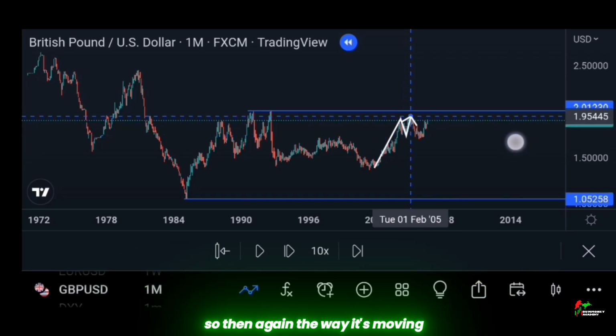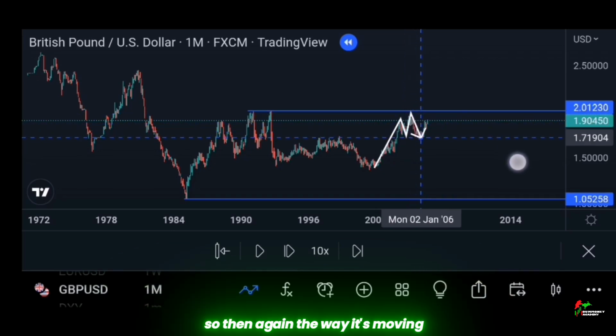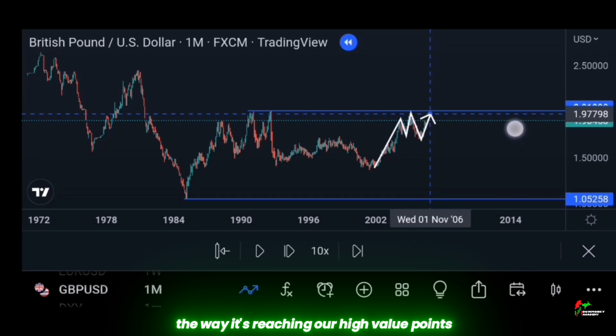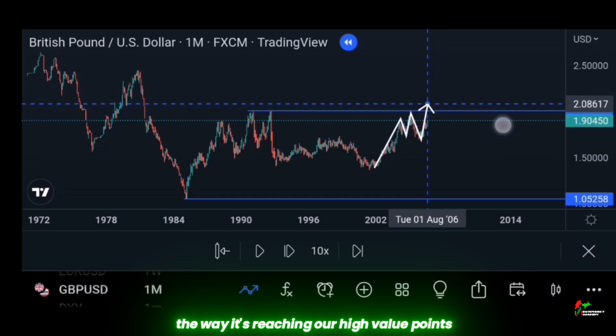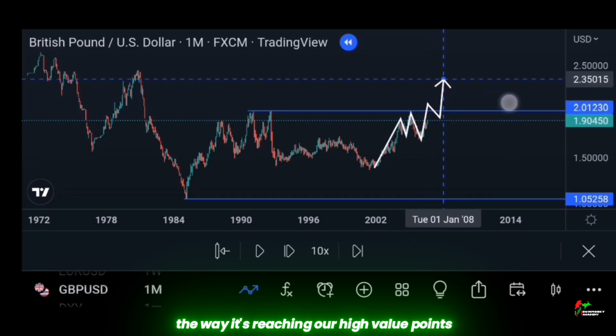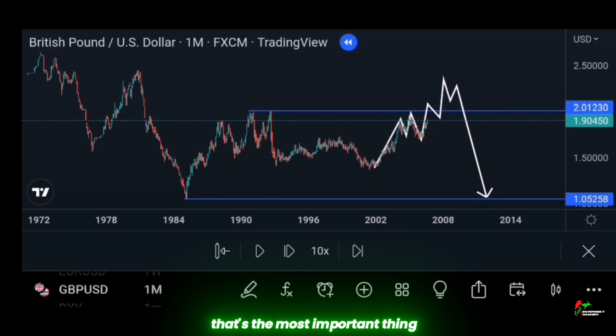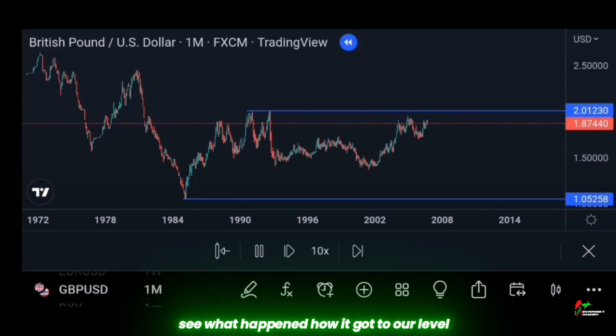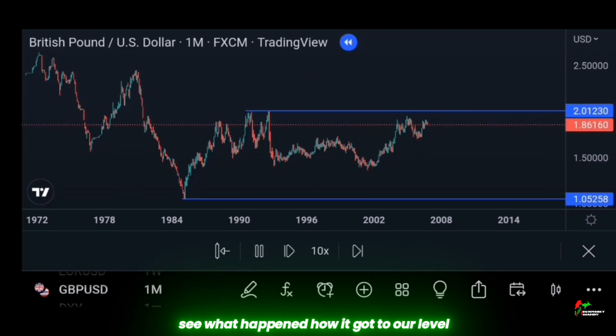Again, the way it's reaching our high value points is the most important thing. So this is what we are looking at. I'm going to go ahead and play that, and see how it got to our level.